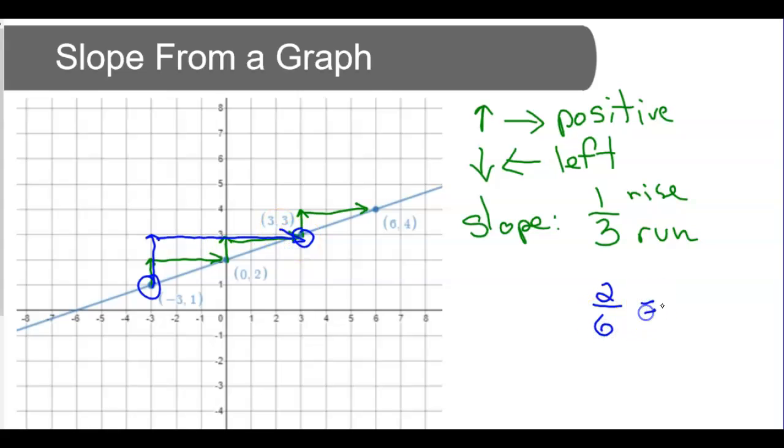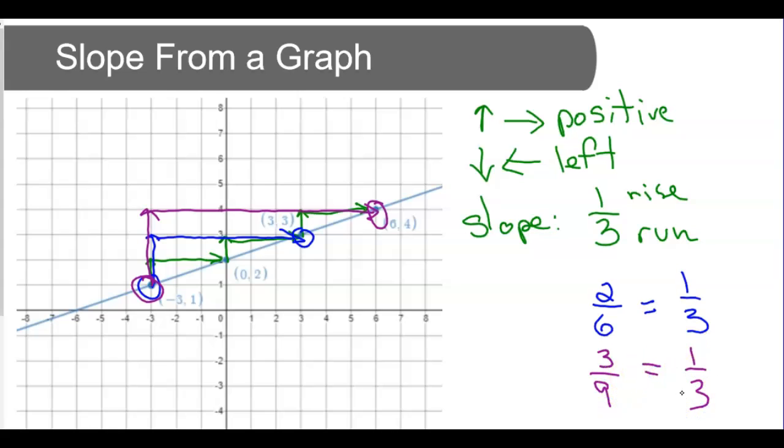But 2 over 6 we see is 1 over 3. What if I go from my first point again, (-3, 1), all the way to my last point, (6, 4)? Well, I'm going to go up 3. That's my rise. And now I have to go to the right 9 spaces. Well, again, that is equal to 1/3.